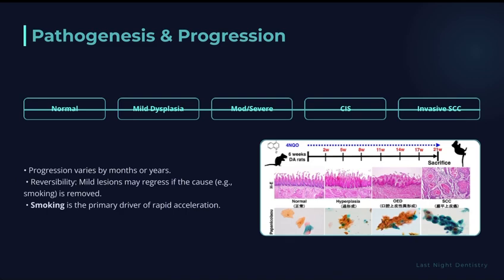Normal epithelium first develops mild dysplasia, then moderate dysplasia, followed by severe dysplasia, then carcinoma in situ, and finally invasive squamous cell carcinoma. This progression may take months or even years, and smoking greatly accelerates this process. That is why chronic smokers with persistent leukoplakia are considered high-risk patients.